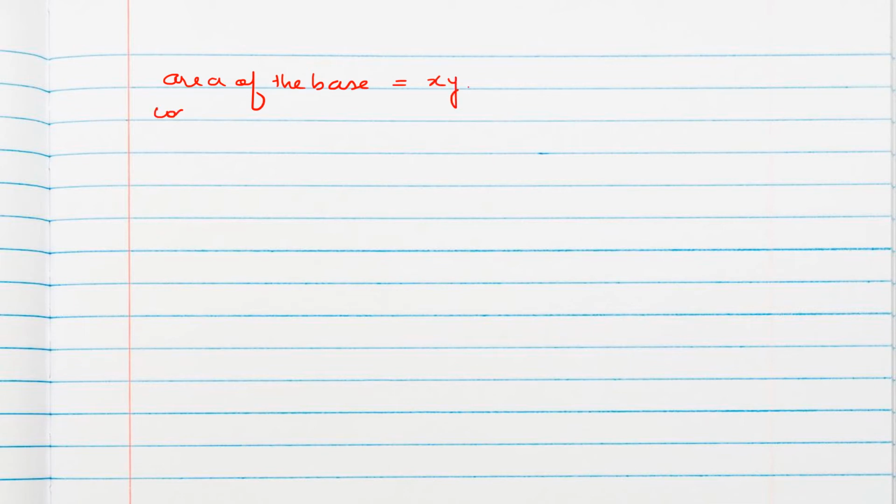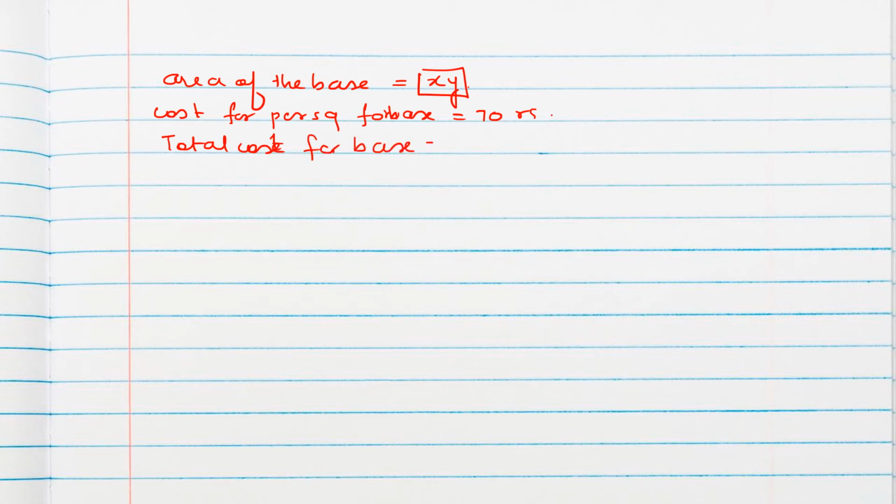The cost per square meter for the base is given as 70 rupees. So for this many square meters, the total cost for the base will be 70xy, isn't it?